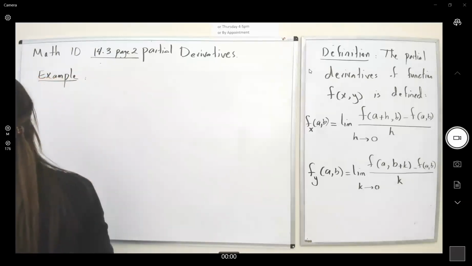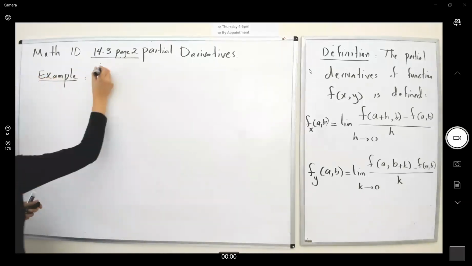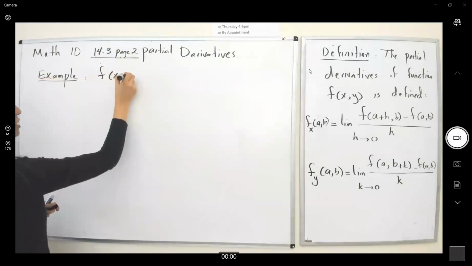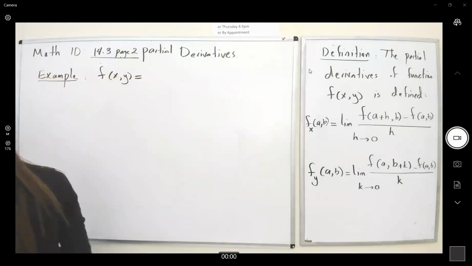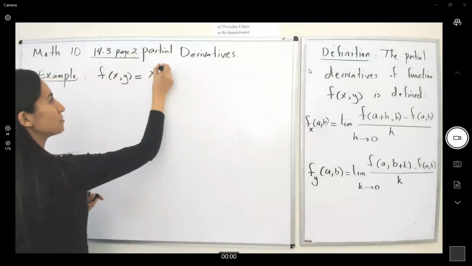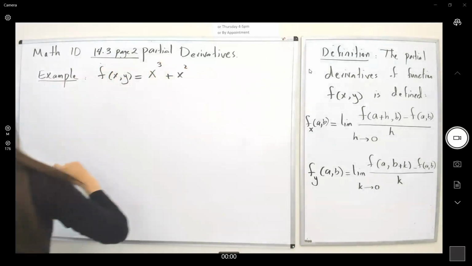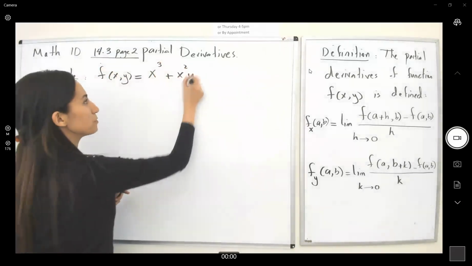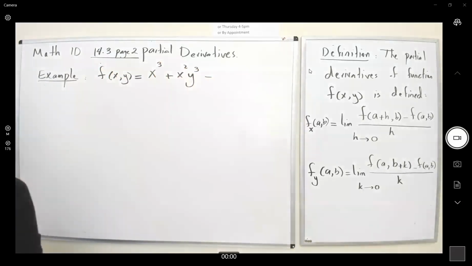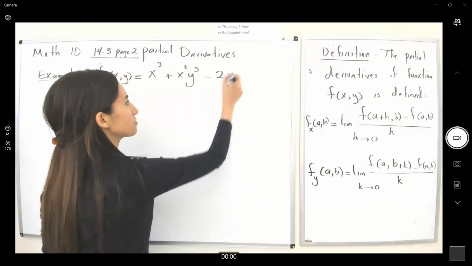In this example, another really nice function is given. Let f of x and y be equal to, let's see, x cubed plus x squared y cubed minus 2y squared.